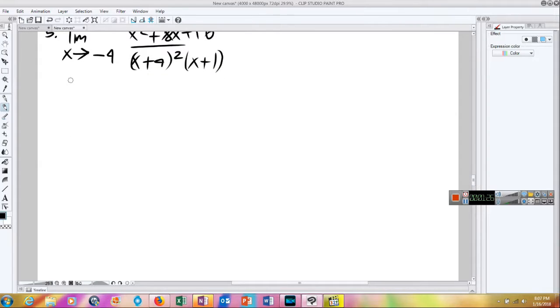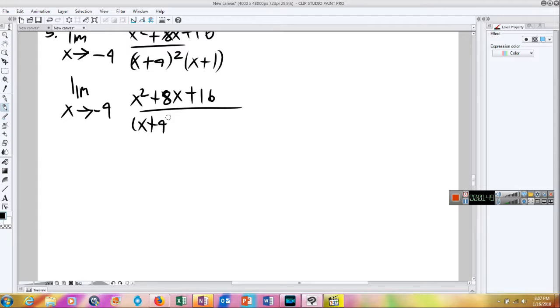First off, we're going to deal with the denominator. So the limit as x tends to -4 of x squared plus 8x plus 16 divided by (x plus 4)(x plus 4)(x plus 1).